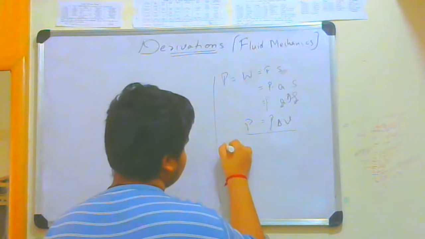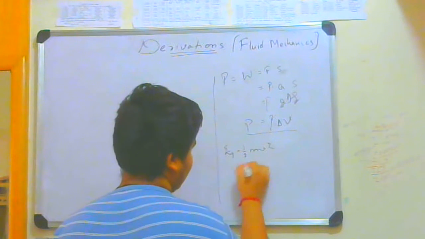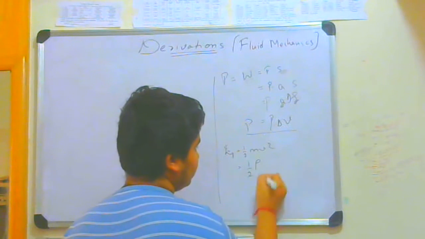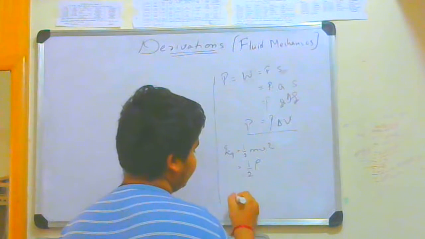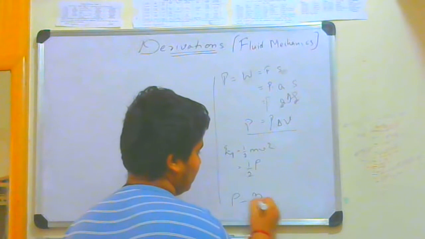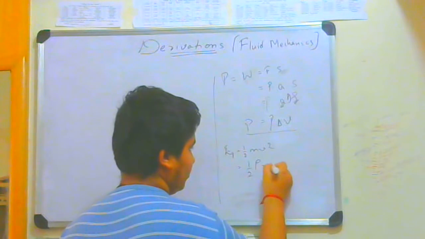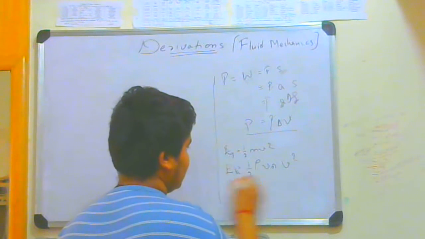Kinetic energy क्या होगा? Energy kinetic equals half mv square equals half m के बदले में आप लिख सकते हो rho. Now density rho is equal to mass upon volume. So mass is equal to density into volume. So half rho volume into v square. Okay, this is my energy.